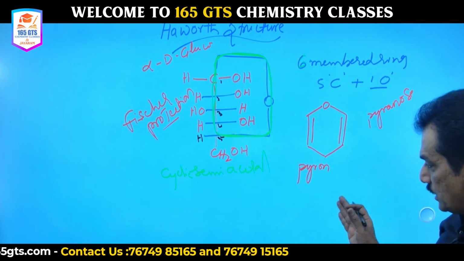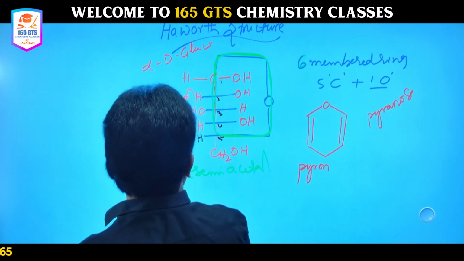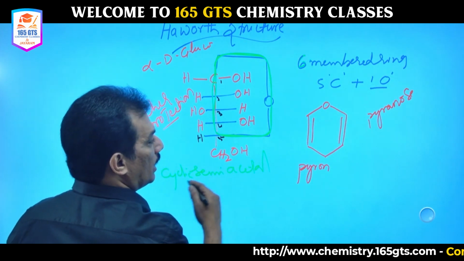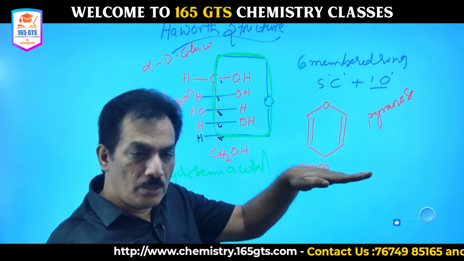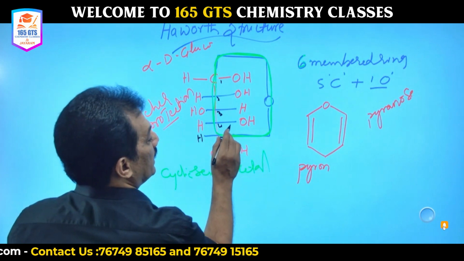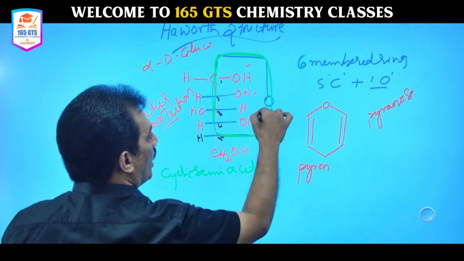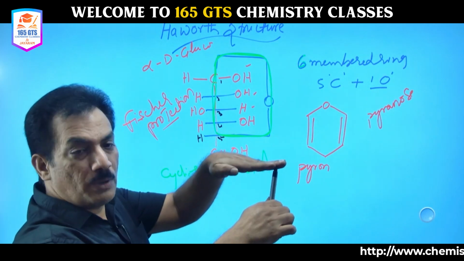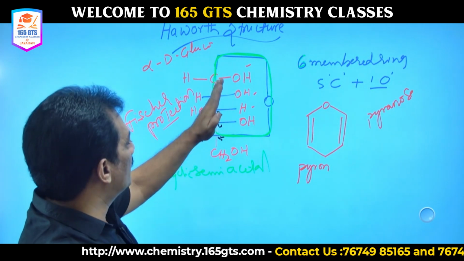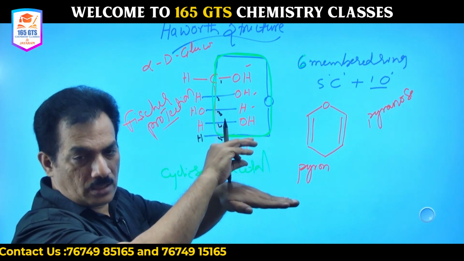In the next page I will write the Haworth structures, but before that you remember: in Fischer projections, when we give the pyranose structure, the 6-membered ring is supposed to be in plane. All these 6 members are in plane. The groups present on the right side are supposed to be below the plane of the ring, and the groups on the left side are supposed to be above the plane of the ring.